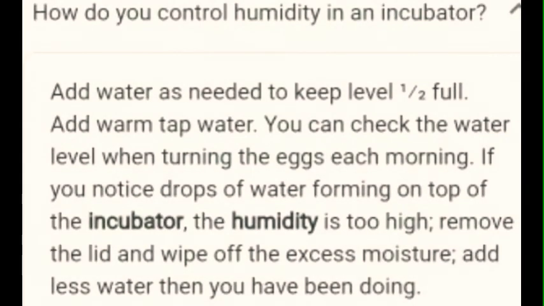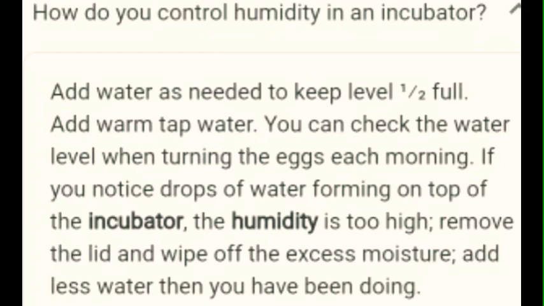How do we control the humidity in an incubator? Humidity is a must for bacterial culture or bacterial growth. That's why we need humidity inside the incubator. How can it be done? Add water as needed to keep the level one and a half full, using warm tap water.